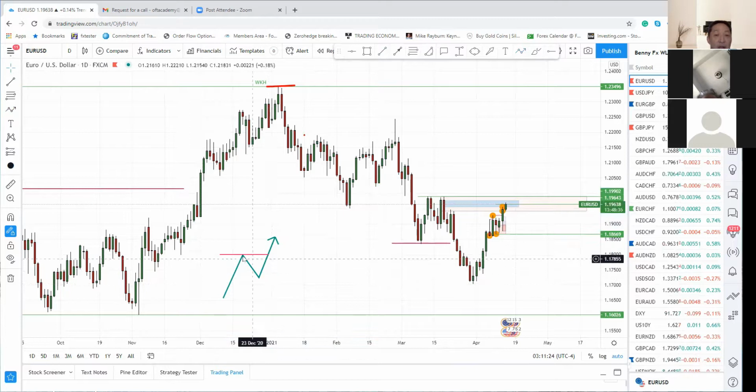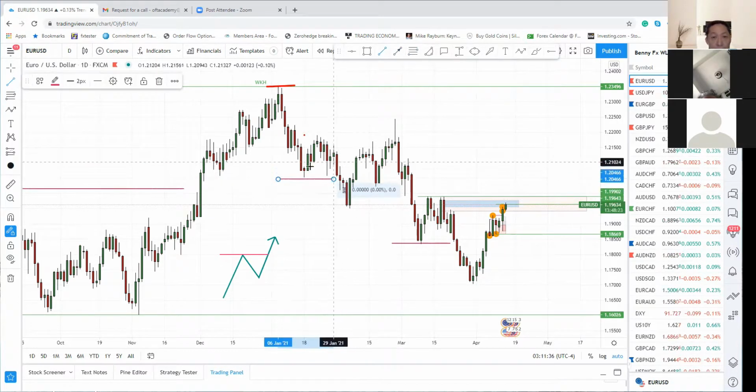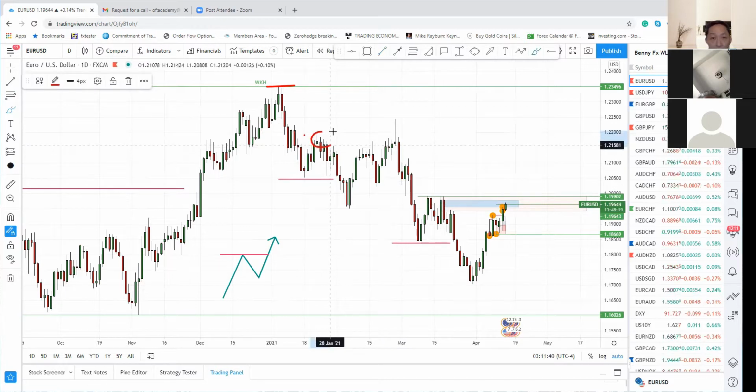So this break of the previous high is critical. Over here you can see the price was here. It broke this low, made a lower low, and pulled back.